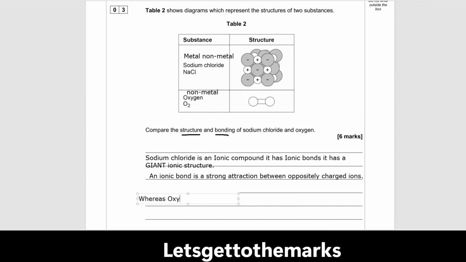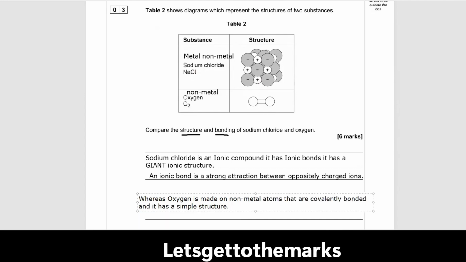So whereas oxygen is made of non-metal atoms that are covalently bonded. So I've mentioned the bonding. Now I need to talk about the structure, and it has a simple structure.